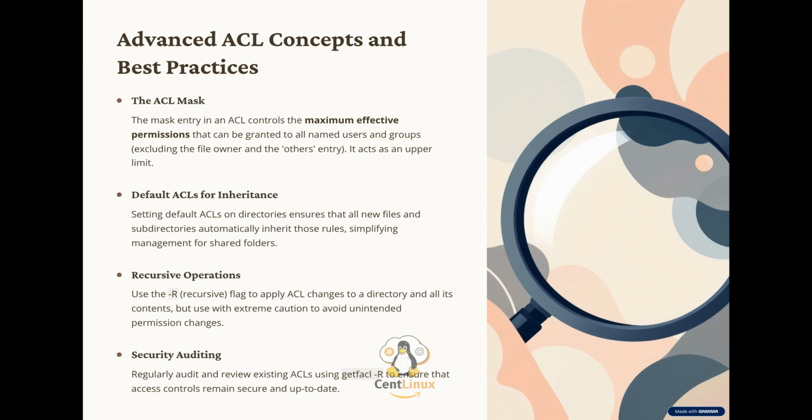This is great for collaborative folders. Recursive ACL operations. Using setfacl -R applies changes to all files and subdirectories. This is powerful, but should be used carefully to avoid unintended modifications. Security auditing. Periodically reviewing ACLs is crucial. You can audit ACLs using getfacl -R path. This helps you maintain a secure and predictable access environment.